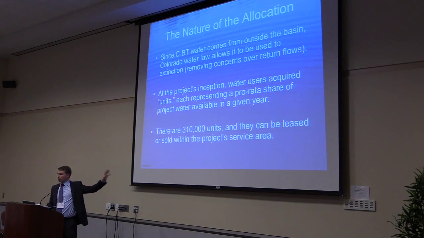And basically, you don't have to worry about those things that we were looking at before in terms of return flows, that your right is your right to that water. The units, it's not a water right, but the water users have units which are rights to a pro rata share of available water each year, as opposed to, again, the first in time, first in right. So when Northern determines how much water they're going to have in that year, each unit receives a percentage of that amount of water.